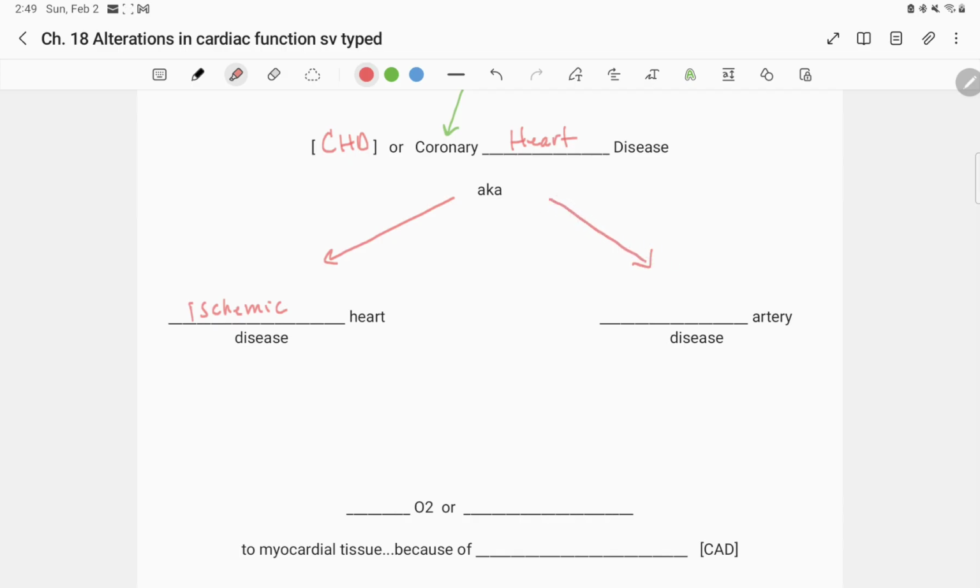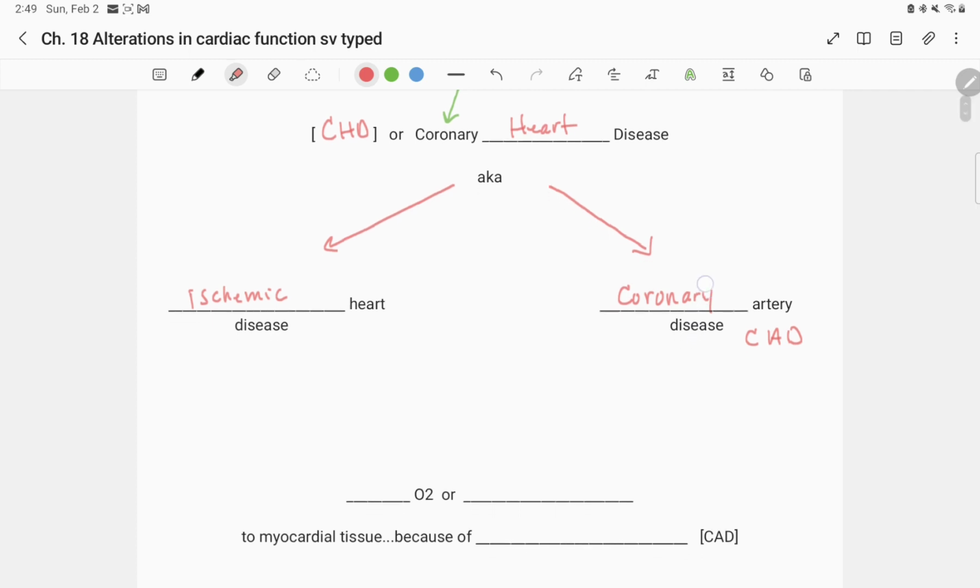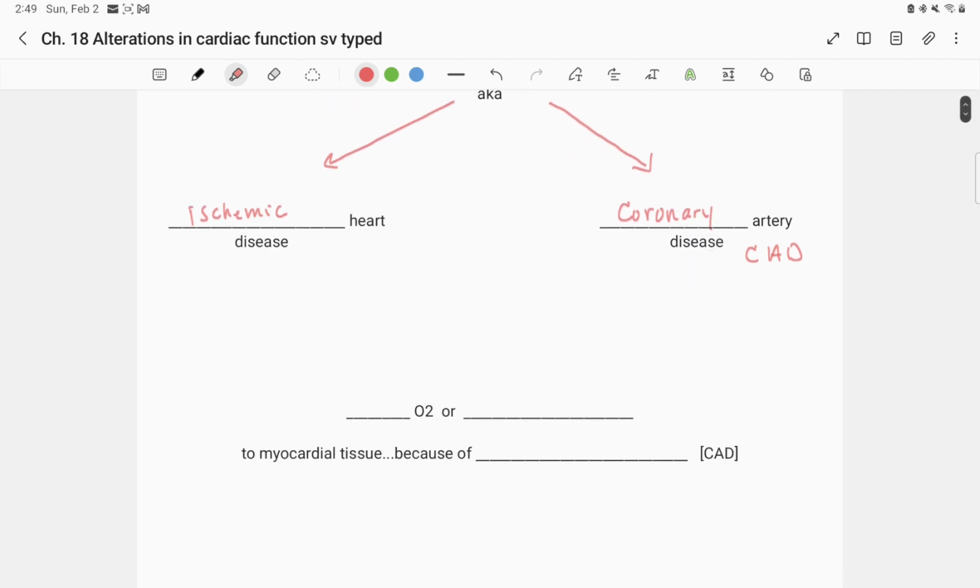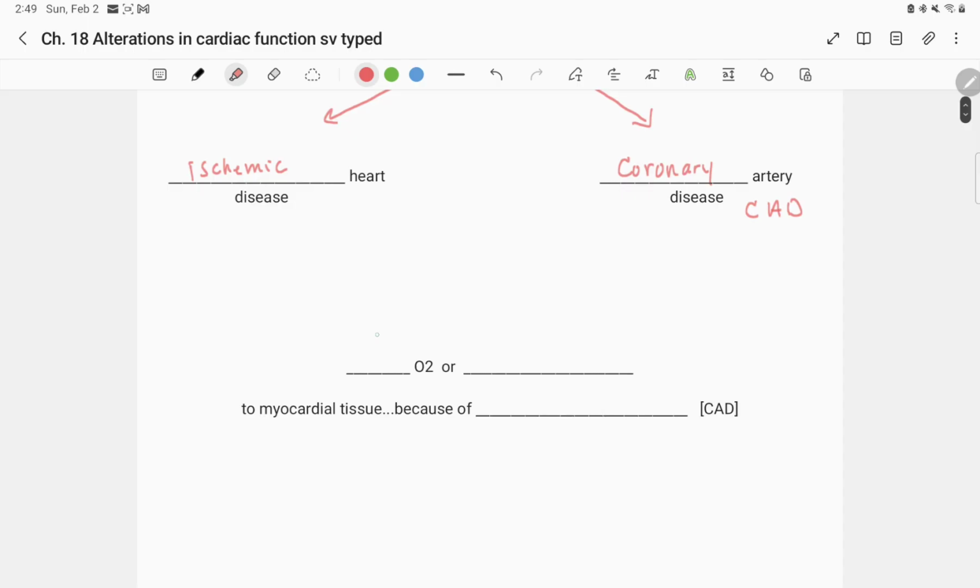Another name that's out there is coronary artery disease, or CAD. Okay, the patient is basically dealing with decreased oxygen, which is ischemia.